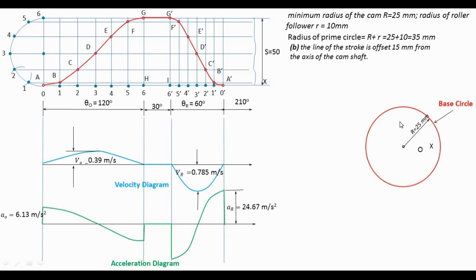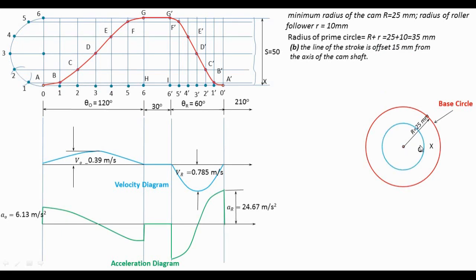Next step is I am going to draw the offset circle, because here they have mentioned that the line of stroke is offset by 15 mm from the axis of the camshaft. As we have considered the cam is rotating in clockwise direction, and already we have divided the angle in anti-clockwise manner in the previous slide. So first I will draw the offset circle from the same point with radius equal to 15 mm.